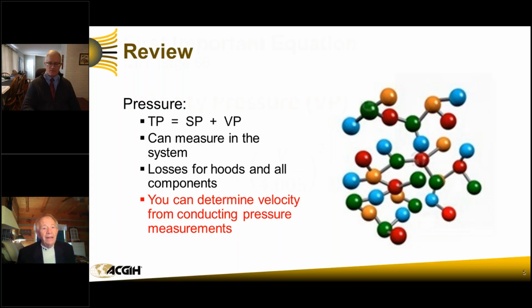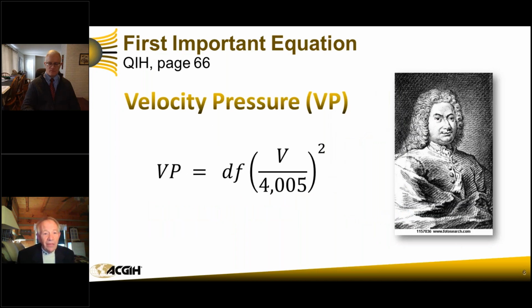All right. The first important equation. This is Bernoulli. Bernoulli was a Swiss mathematician, and he won, in today's dollars, probably $2 million from the King of France, who wanted to find out how he could determine velocity from pressure. They didn't really know what they wanted. All they knew is that they were bleeding, using blood to reduce harmful humors in people.